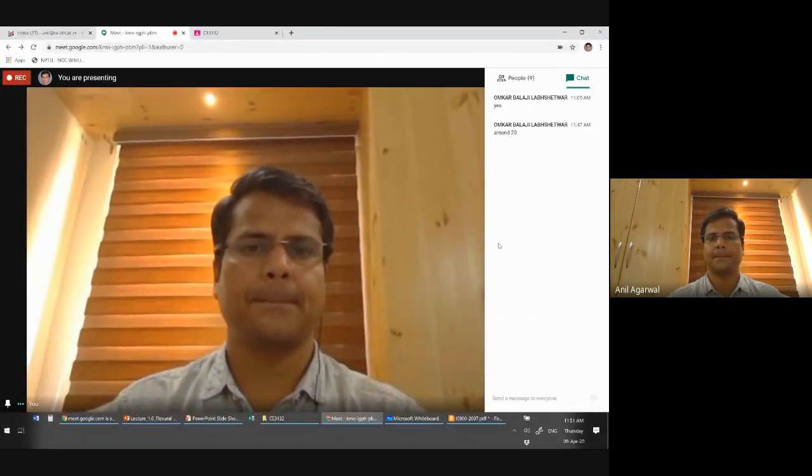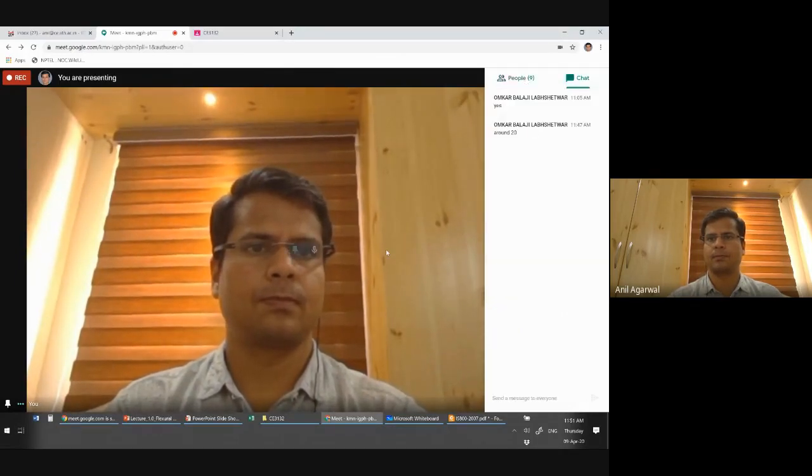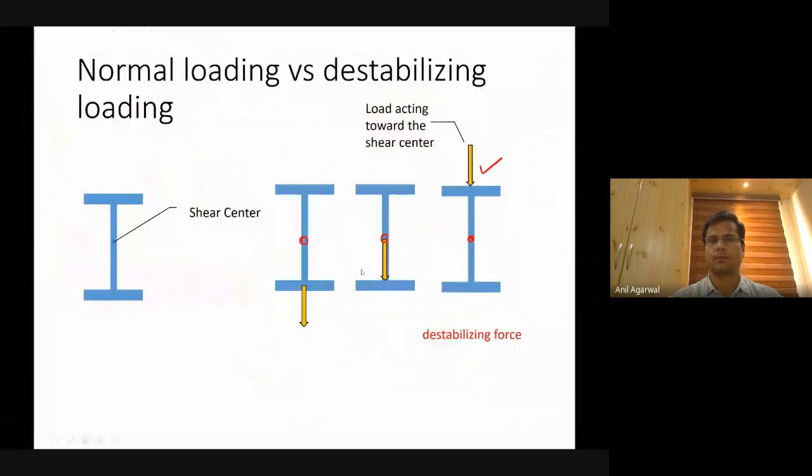Anybody? No? There are three cases shown here. The first case where the load is acting at the bottom flange, the second case where the load is acting at the centroid, the third case where the load is acting at the top flange. And the top flange case is called the destabilizing force or destabilizing case.